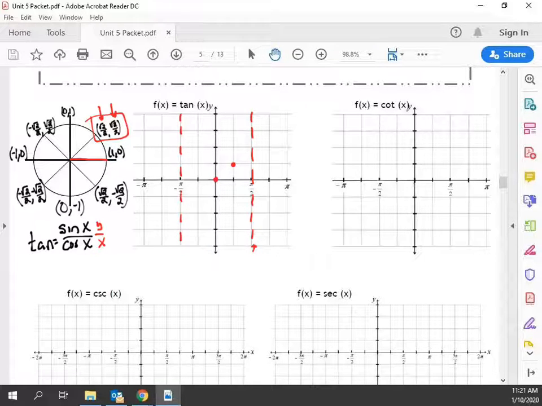Hey, tangent, just like sine, goes through the origin as well. So this represents quadrant 1. This would represent quadrant 2. Out here would represent quadrant 3. And unfortunately it wraps around because it's a cycle. This is quadrant 4.